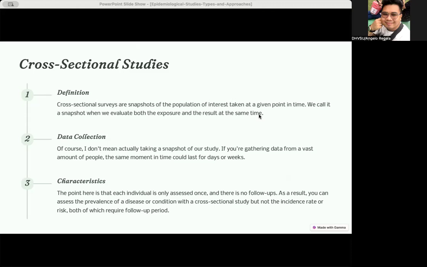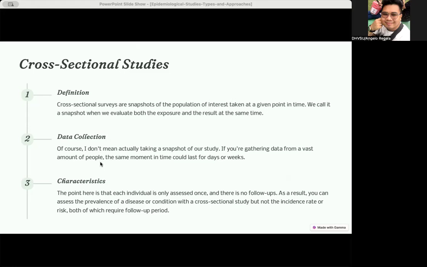Okay, so the main point here in a cross-sectional study is that each individual is assessed only once and there's no follow-up. As a result, you can assess the prevalence of the disease or condition in a cross-sectional study, but not the incidence rate, both of which require follow-up.